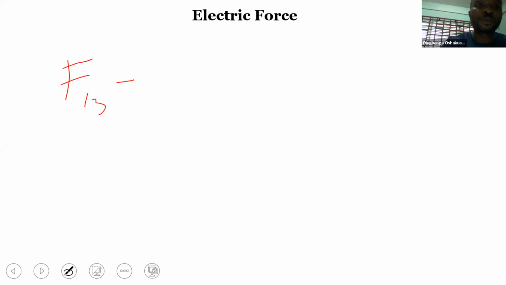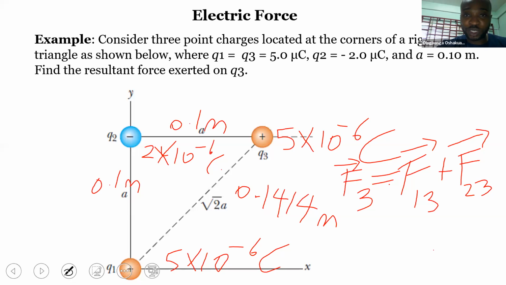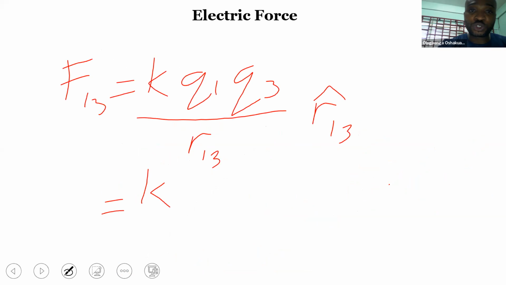F13 should be equal to K Q1 Q3 divided by R13 squared, times the unit vector R13 caret. What is K? We know our K. What is Q1? We know Q1 to be 5 microcoulomb and Q3 to be 5 microcoulomb.